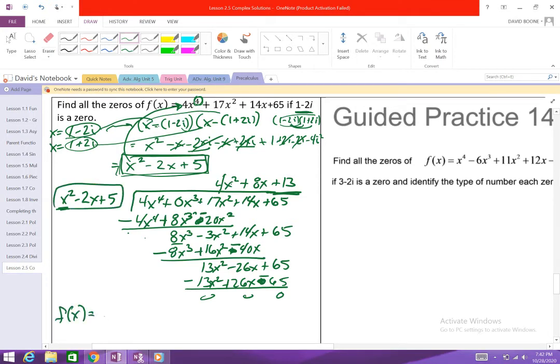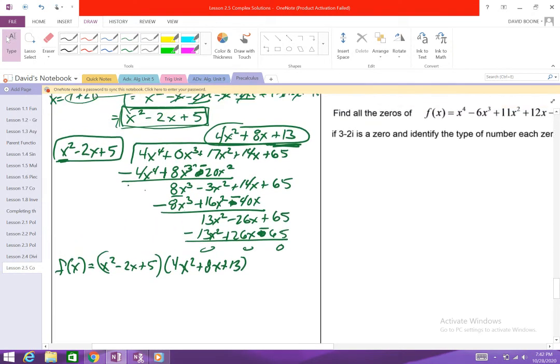So now what do I know? I know that f of x equals this piece, x squared minus 2x plus 5, times this piece, 4x squared plus 8x plus 13, gives me that original equation.